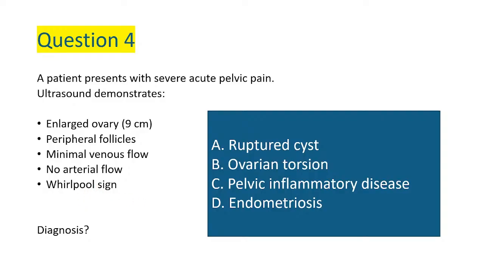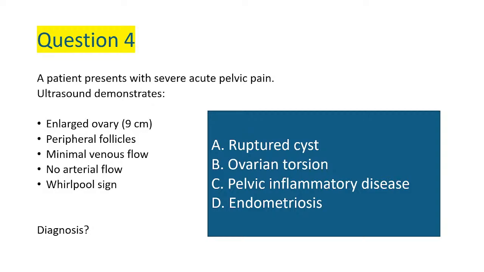A patient presents with severe acute pelvic pain. Ultrasound demonstrates enlarged ovary, 9 centimeters, peripheral follicles, minimal venous flow, no arterial flow, whirlpool sign. What is the most likely diagnosis? A. Ruptured cyst. B. Ovarian torsion.